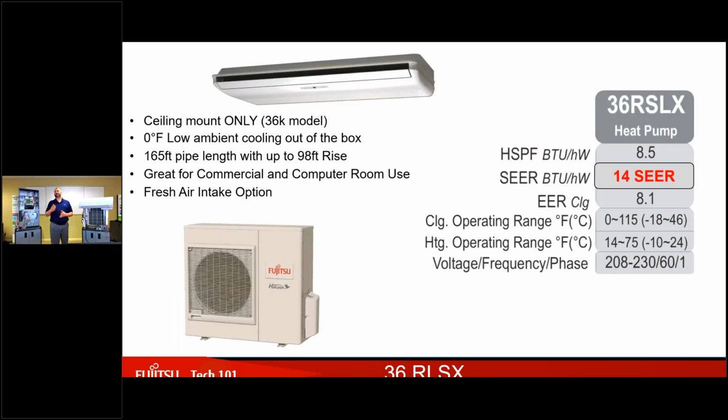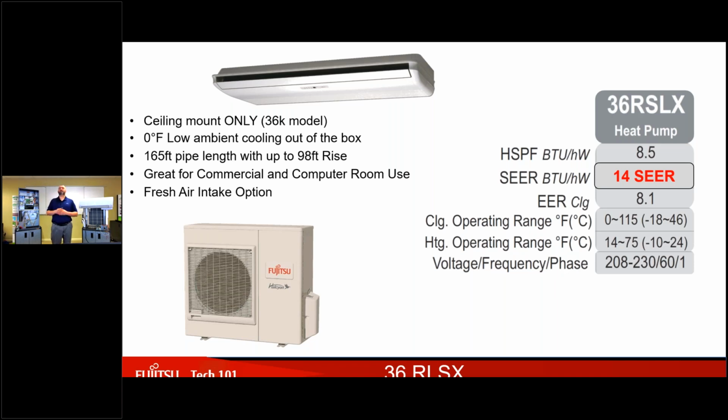We get to the 36, that is only going to be a ceiling mount. We don't have the ability to mount that on the floor. 160 foot pipe and up to 98 feet of rise. So we can go upwards as much as 5 stories, or even downwards if we have to, if we wanted to install the outdoor unit on the roof and then put this indoor unit on the first floor.